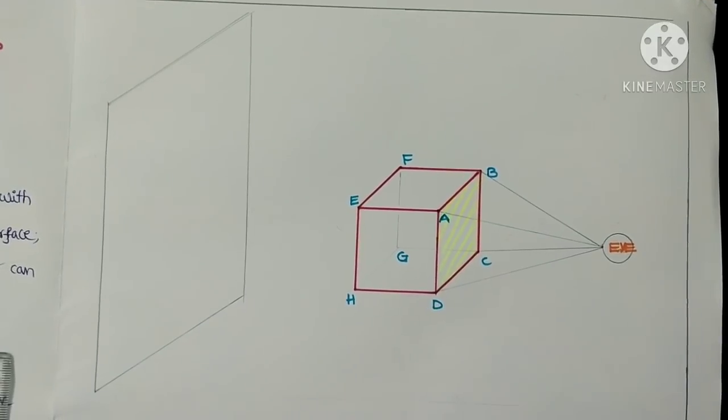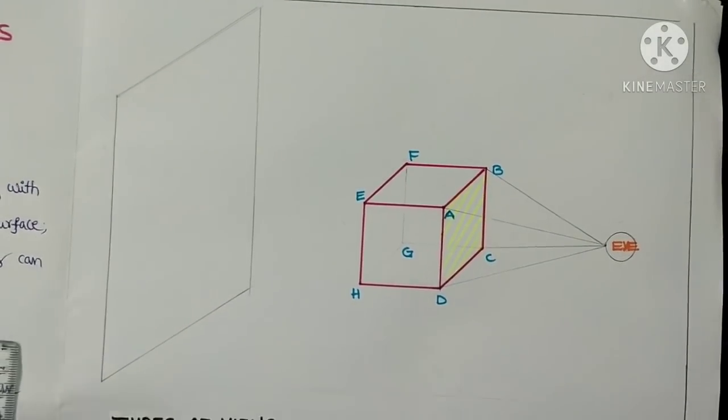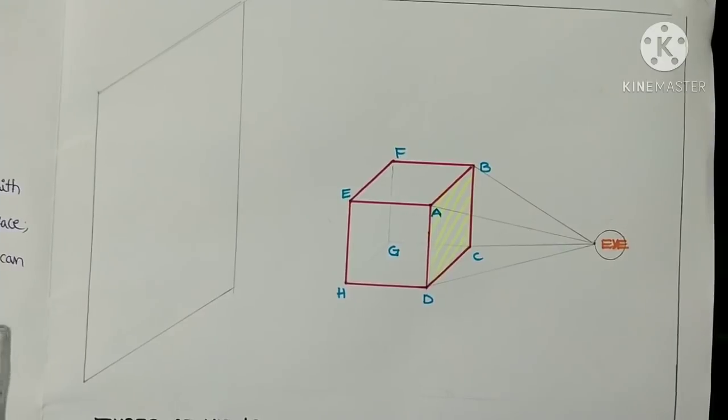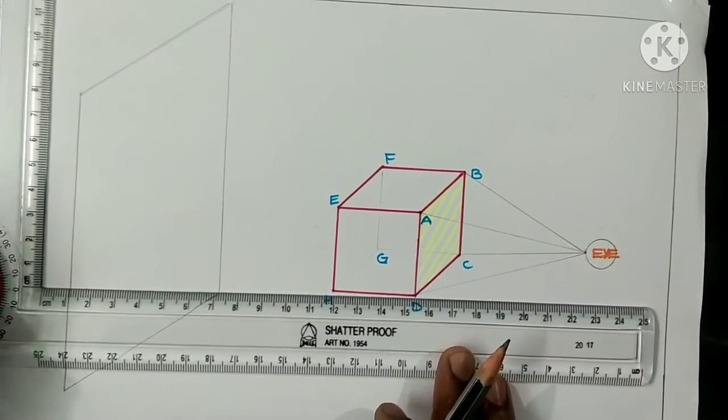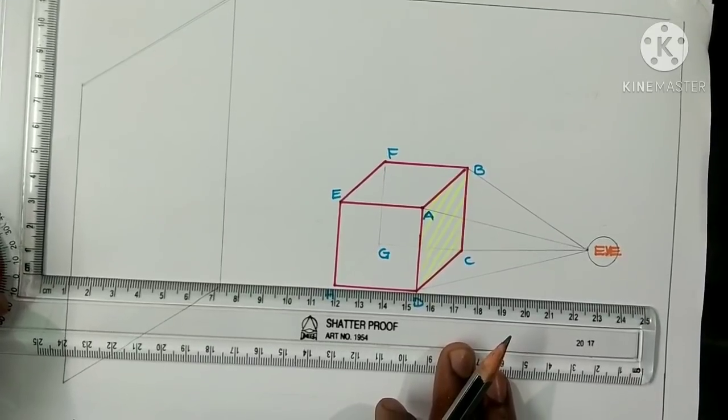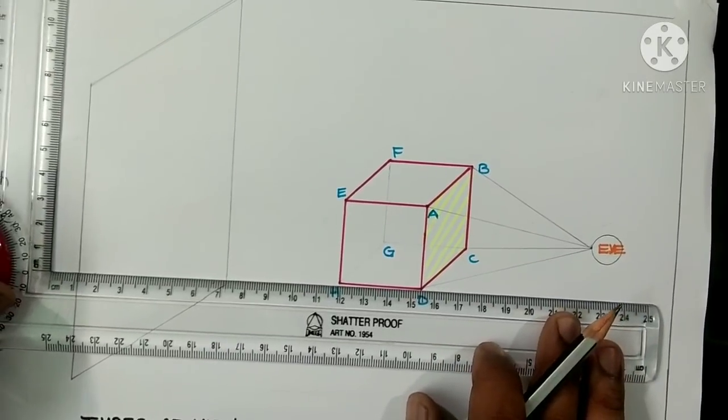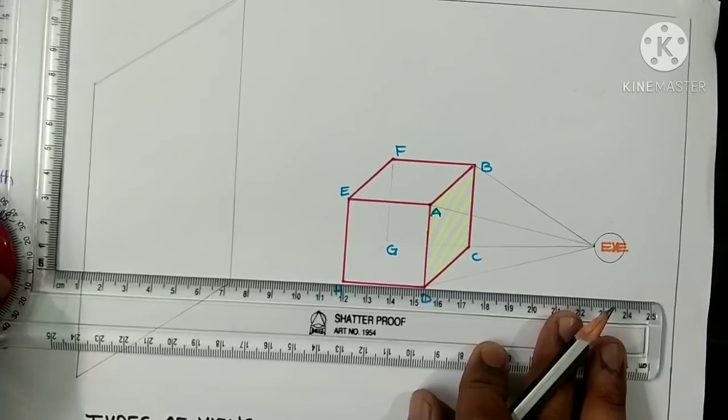After the rays from the eye of the observer meet the various points of the object, the next step is to construct the projectors from those points to meet the principal plane.